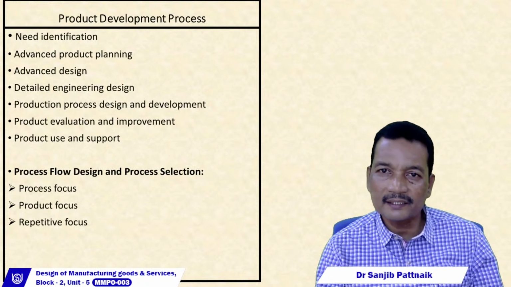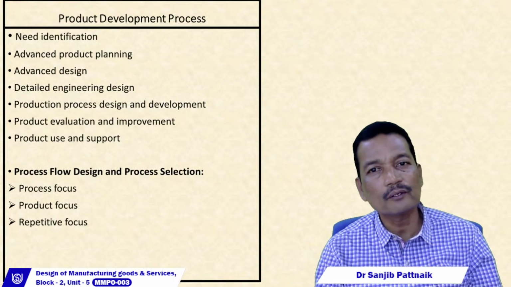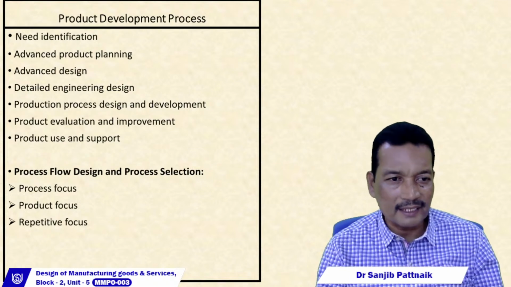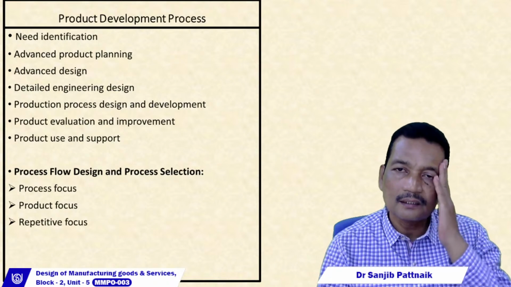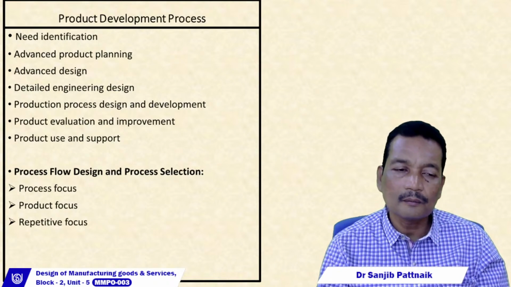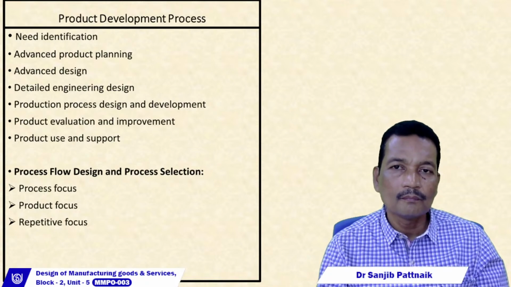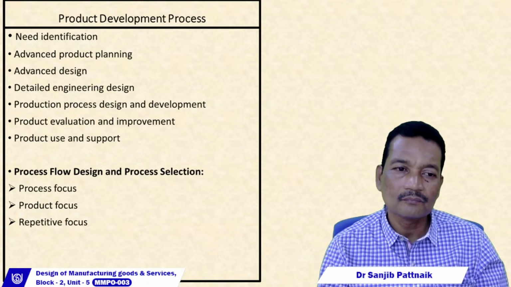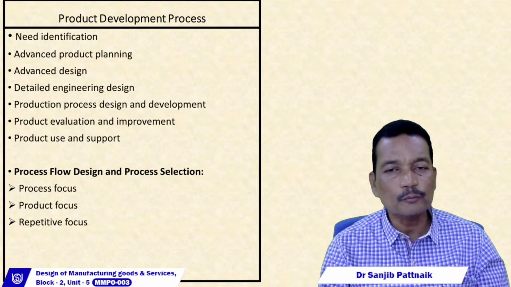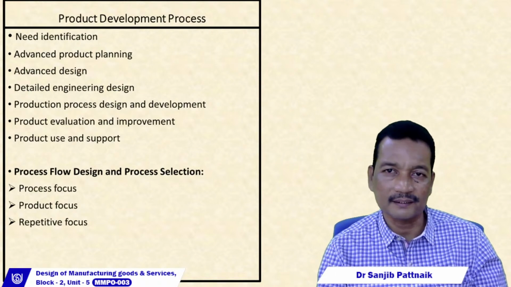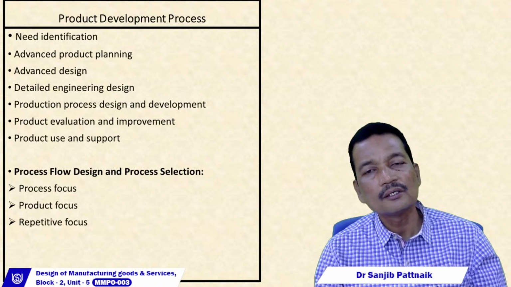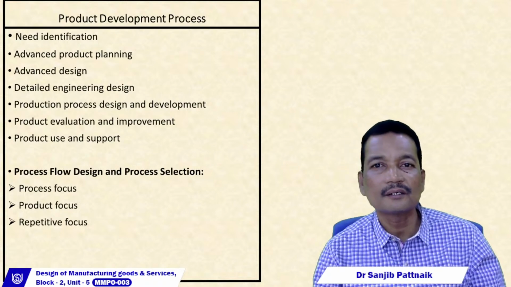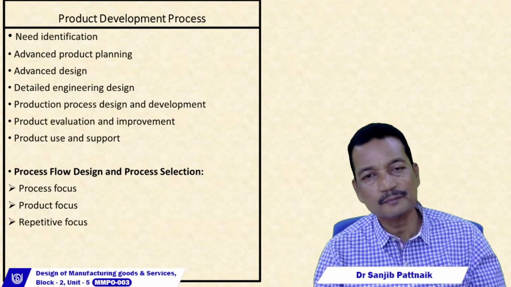Now, when we design the product and go for producing it, we try to think whether the product should be according to the processing part, or should the processing be based on the products, that is product focus.